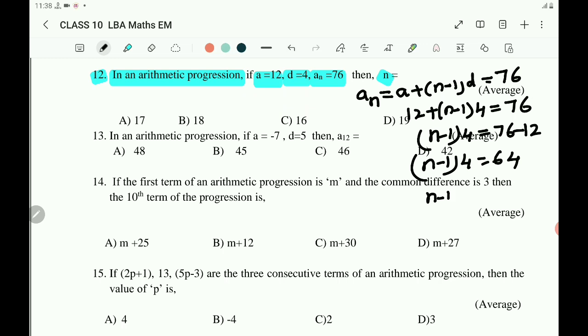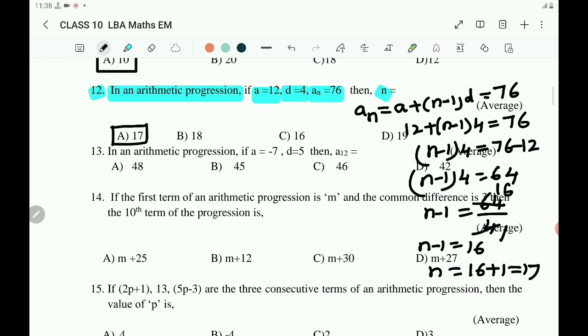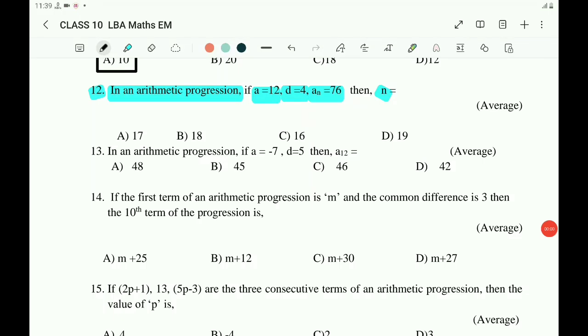What is remaining in the LHS? n minus 1 equals 64 by 4. Here into 4 is there. If it is transferred to the RHS, it becomes by 4. Then 4 ones are 4, 4 sixes are 24, 16 fours are 64. You got n minus 1 equals 16. Then n equals what? 16 plus 1, which is equal to 17. Then what is the answer? Option A, 17 is the answer.